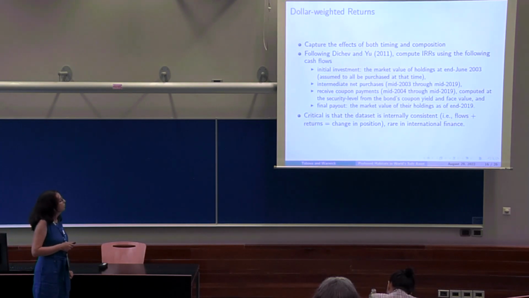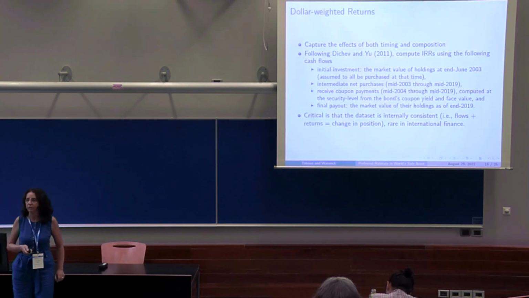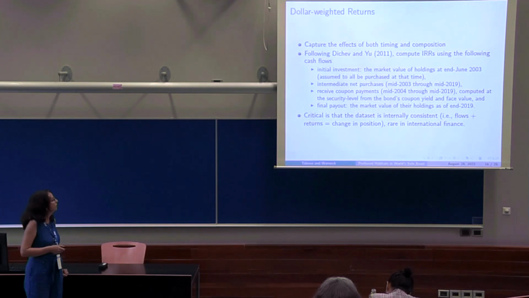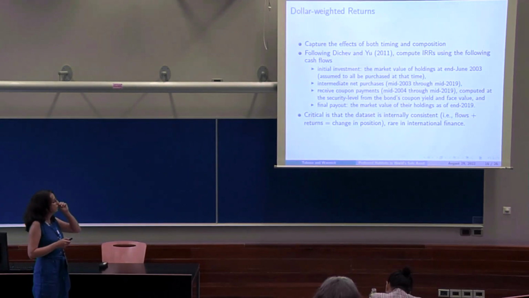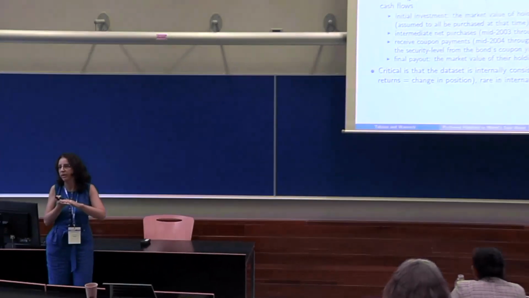For this, we'll use a standard approach to compute the IRRs for all the different investors in the market. It's critical here that because of our rich data, we have all the components that are needed for an accurate calculation of the IRRs. So we're not making any assumptions. The data allows us to do that.